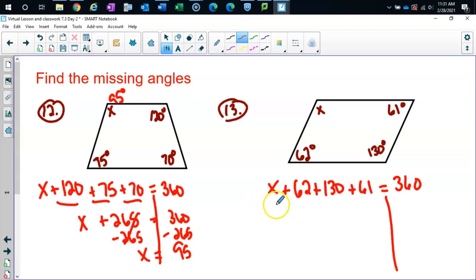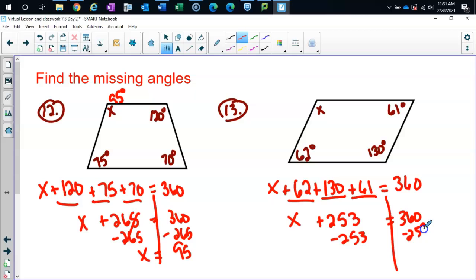On this side, we don't have anything to add to x. 62 plus 130 plus 61 is 253 equals 360. Subtract 253 from both sides. And we get x is 107. So that angle is 107 degrees. You can add all of these together, and you do get 360.